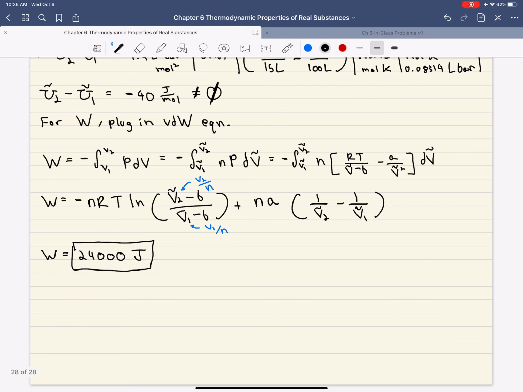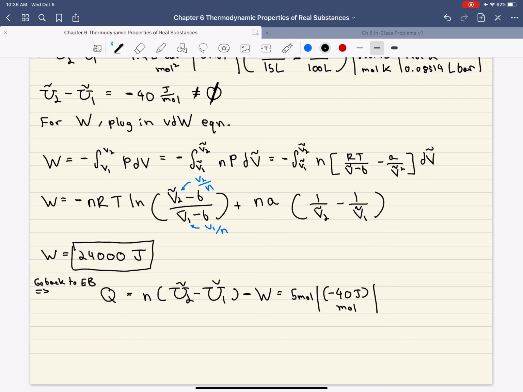Okay, and so now that we have work and the change in internal energy, we could go back to our energy balance, and what we have is Q is equal to N times (U2 minus U1) minus work, and so that's equal to 5 moles times negative 40 joules per mole minus 24,000 joules.